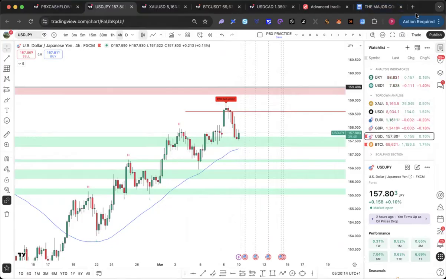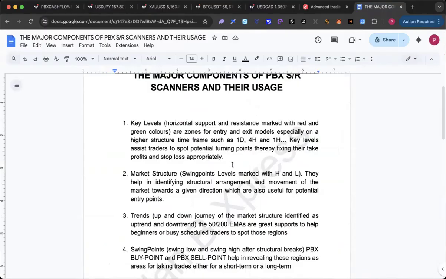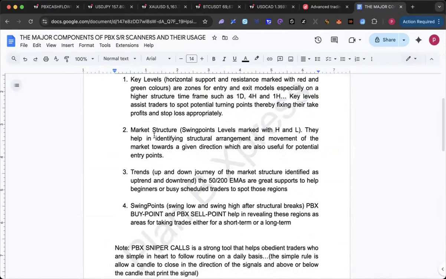Good. If that is the case, we have achieved understanding what a key level is. You can read up more thereafter. Next is called market structure. That's what we call swing point levels, marked with highs and lows. They help in identifying the structural arrangement and movement of the market towards a given direction, which are also useful for potential entry points.